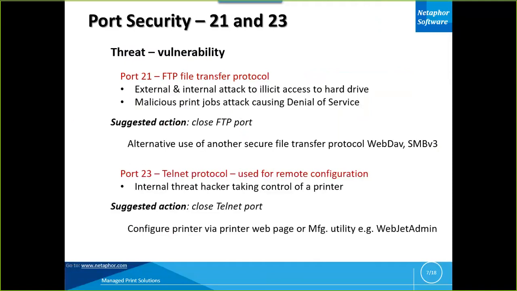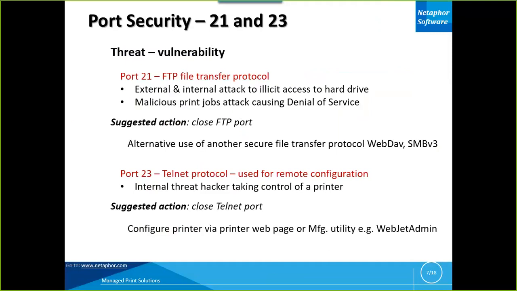The Telnet port is the remote configuration port. It's an old TCP port. It's been around forever, and really it should be closed regardless of anything you do. And that should be a policy that you should recommend to the customer. Alternatively, you could use port 80 or 8080 to get to the printer's web page and do whatever configuration change there.